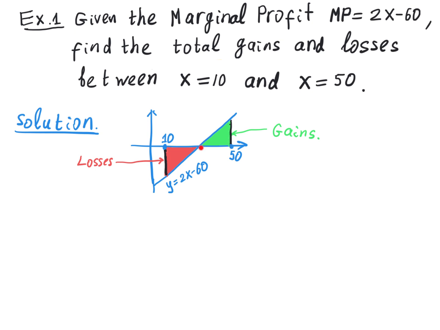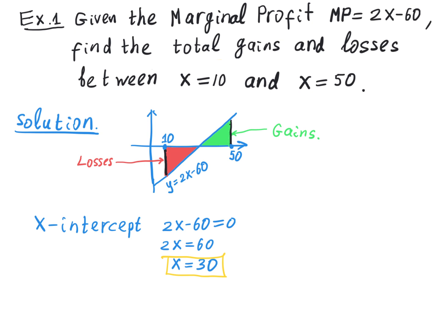The problem is that we don't know at what x value the green area begins. So our first step is to find the intersection of the marginal profit function and the x-axis to find this point where the green area begins.